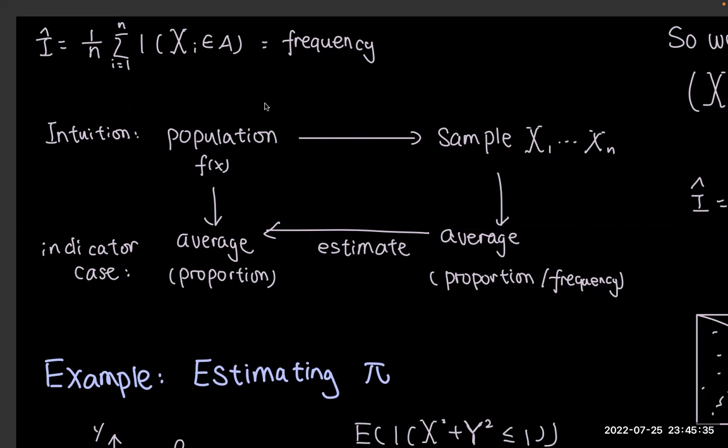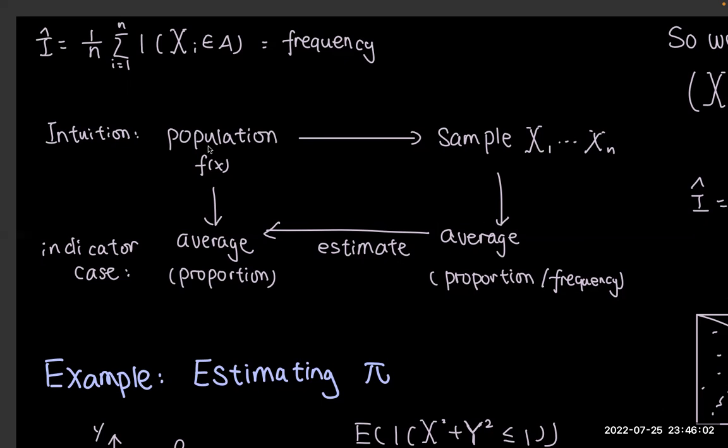The above formulation appears to be a little bit abstract, so here I want to again emphasize the intuition. We have a big, effectively almost infinitely large population, and the distribution of the points in the population can be described by a density function as a mathematical idealization.